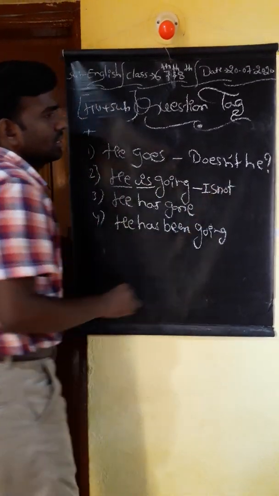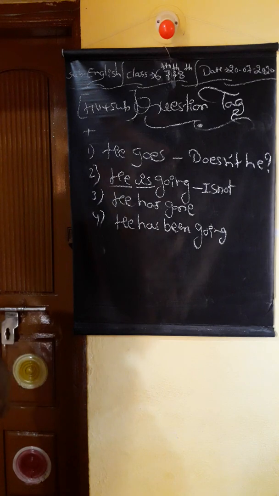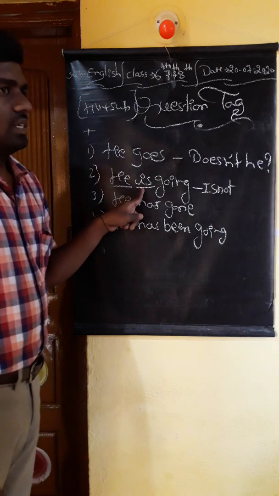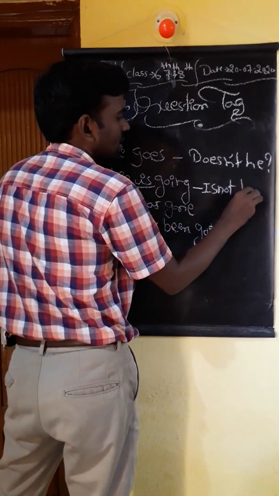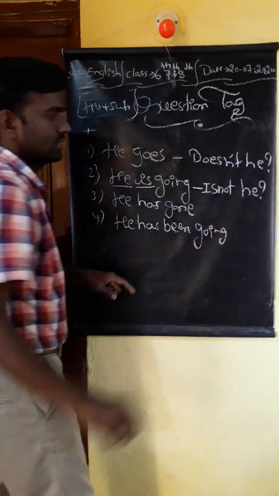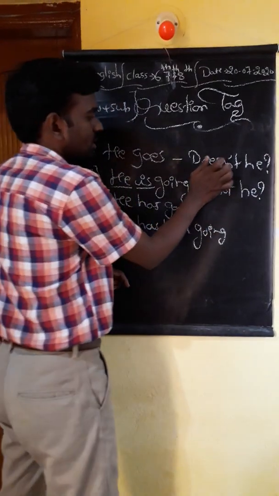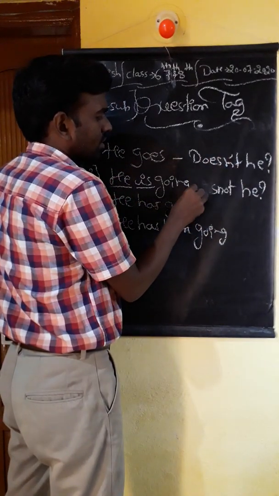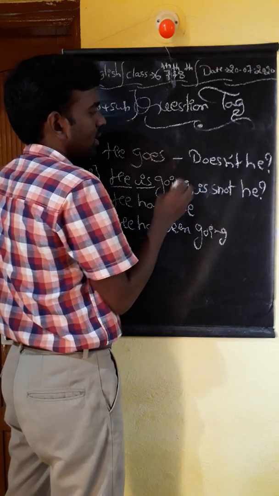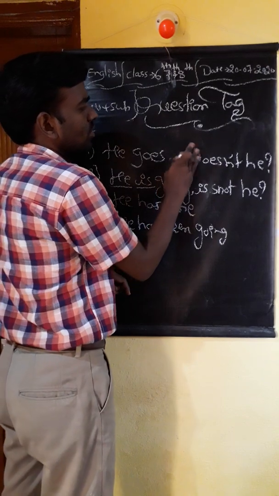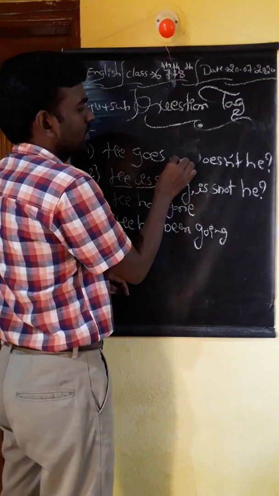The rule says in a question tag, if there is no word called not in the statement sentence, just add not, and after that use the subject as it is. So this is a question tag. You have to put a comma and write it like this.